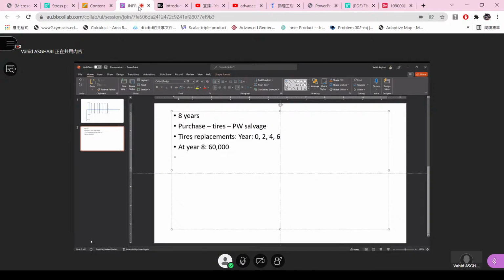What else do we have here? Minor maintenance, fuel and oil, it will be about $152.50 per hour.